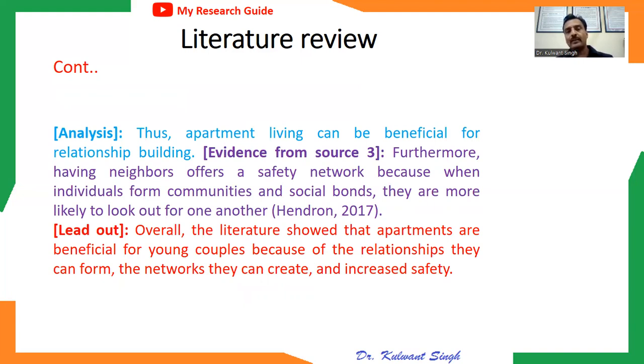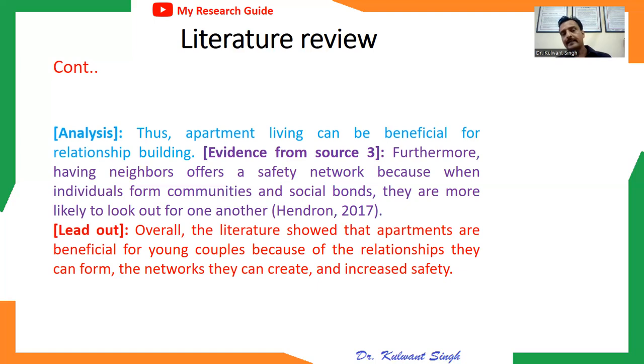Furthermore, having neighbors offers a safety network, because when individuals form communities and social bonds, they are more likely to look out for one another. So a citation is also provided, meaning we are supporting with the literature.